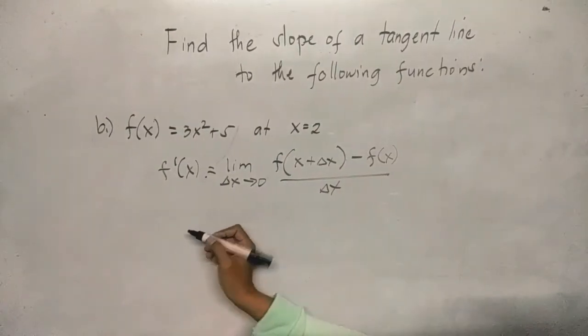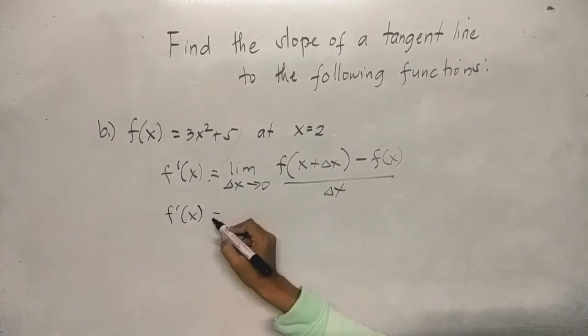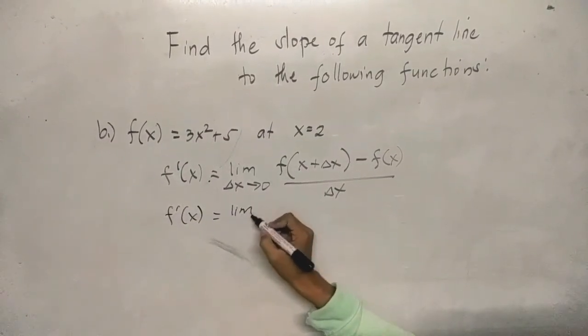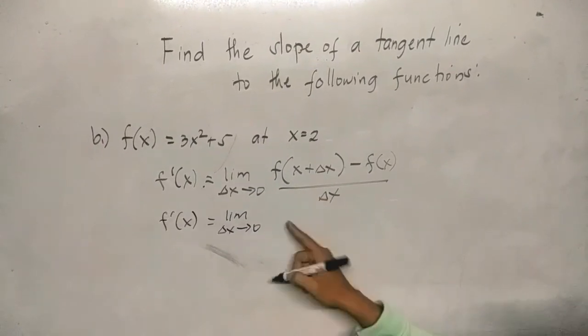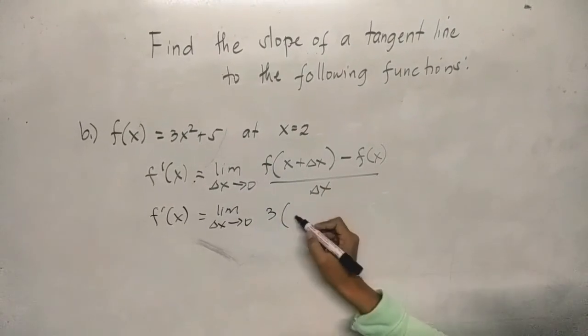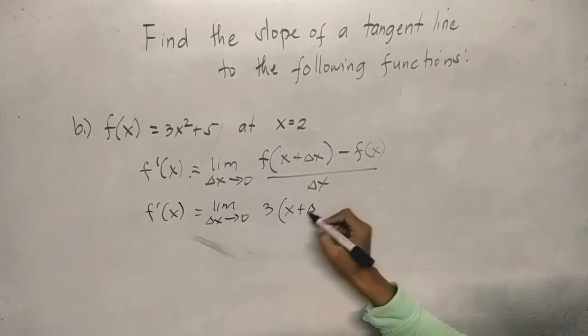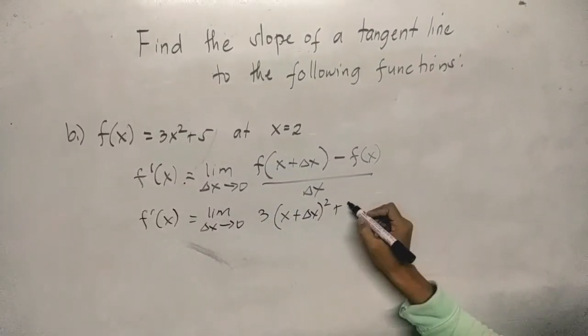Then, f prime of x is equal to limit as delta x approaches 0. So we have 3, then our x plus delta x squared, okay, then plus 5.